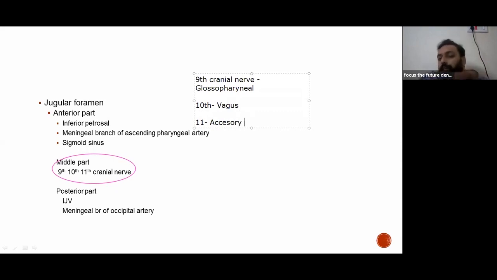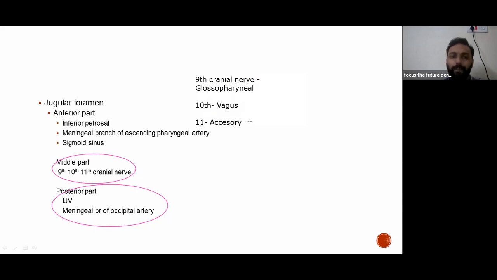So accessory nerve has spinal and cranial parts. One part comes out through jugular foramen, one part comes out through foramen magnum. So today, study about 9, 10, 11, and also the internal jugular vein which is coming out through it. That's all for today regarding jugular foramen.